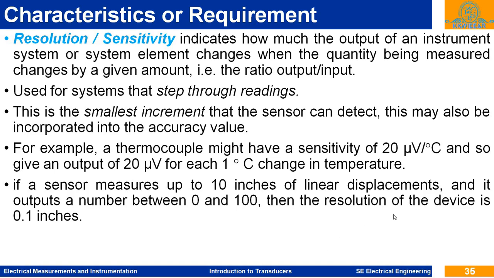Then what is the resolution of that device? Okay. So this 10 divided by 100. Okay. So 0.1 inch is the resolution, or the least count of that scale. Okay.